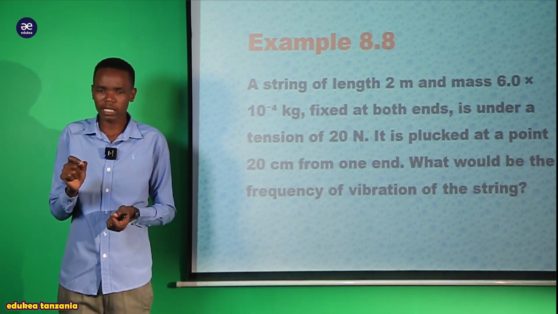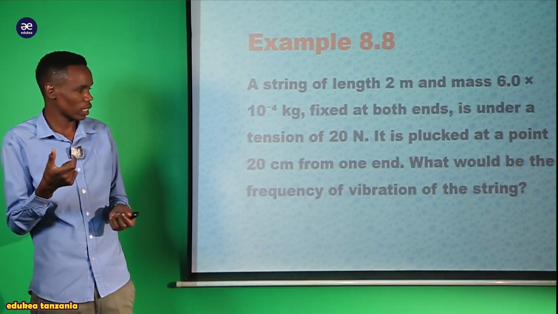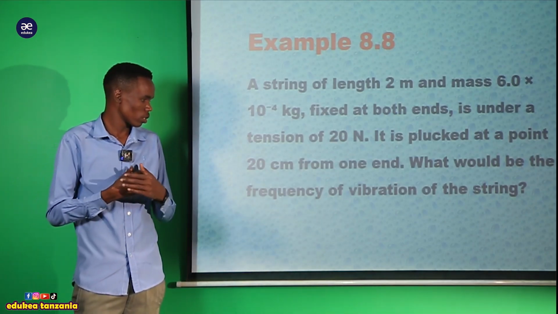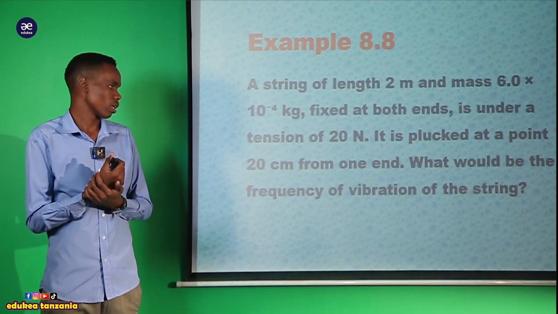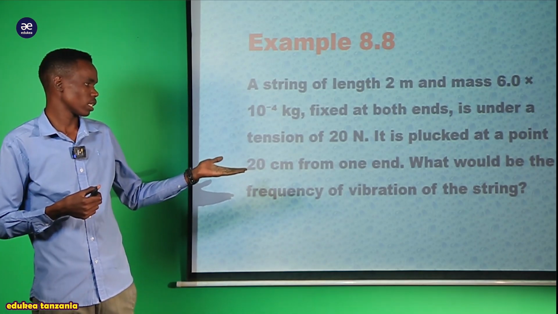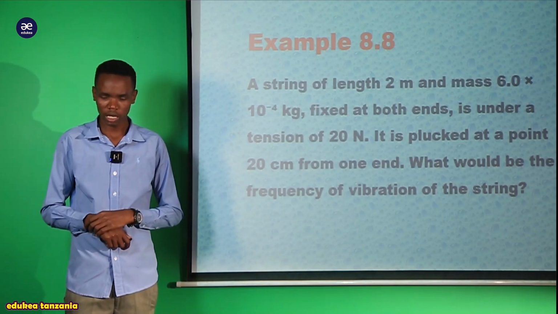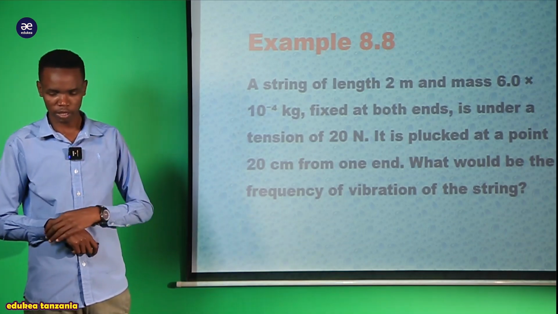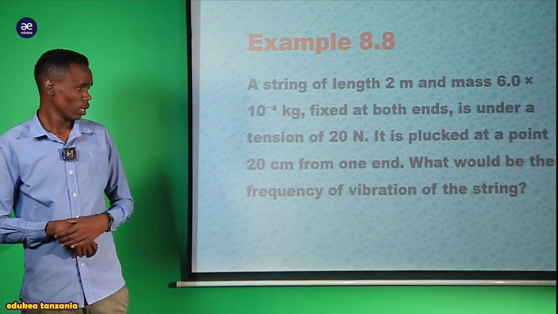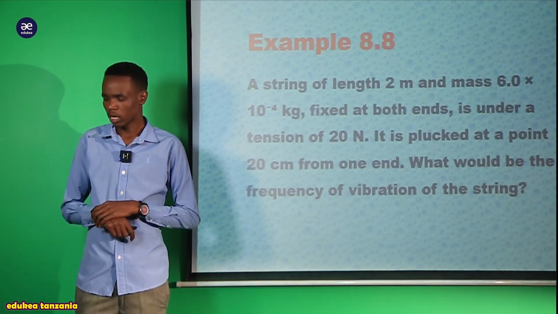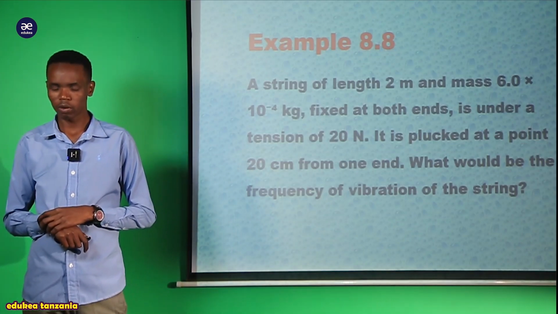After being plucked, it forms a tension equal to 20 Newton, and from one end the length is equal to 20 centimeter. This is like the wavelength, I think. So what will be the frequency of vibration of the string? How can we get it?